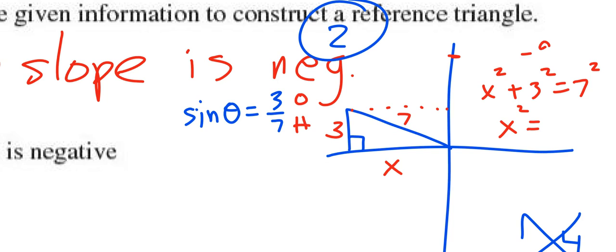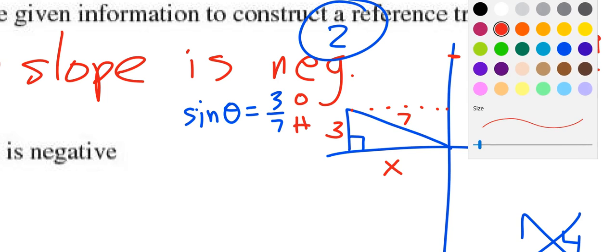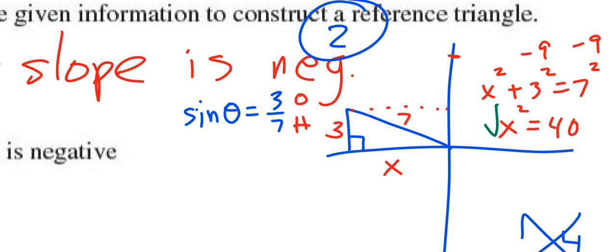If I take away a 9 from both sides? 7 squared, take away 9. 40? Right, that's 49, take away 9. Okay? No, I don't care about simplifying the radical. That's very geometry-esque. Okay? So, square root 40. We'll just leave it alone. Okay?